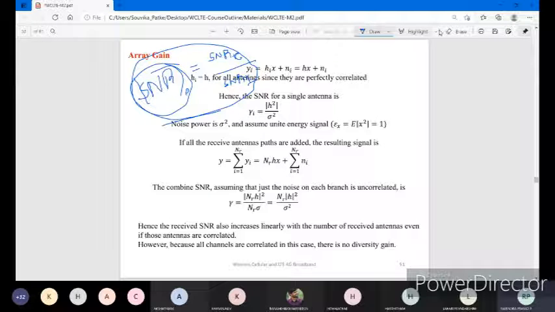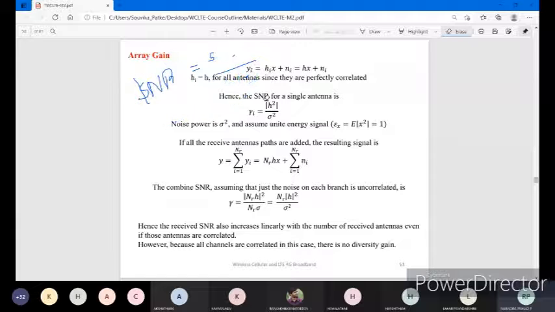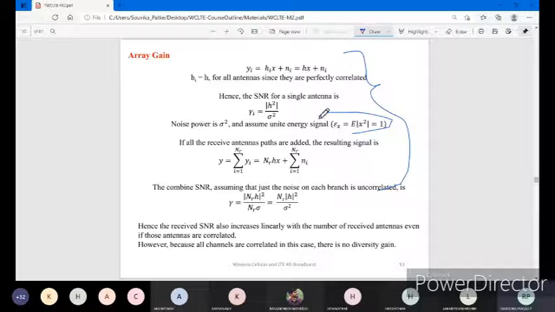Now the expression you are going to observe here is that yi, which is your signal to noise ratio, is calculated by these expressions. We have assumed a few values, and finally we got this expression, and by this we tell what array gain is present. The received signal also increases linearly with the number of receive antennas, even if those antennas are correlated.